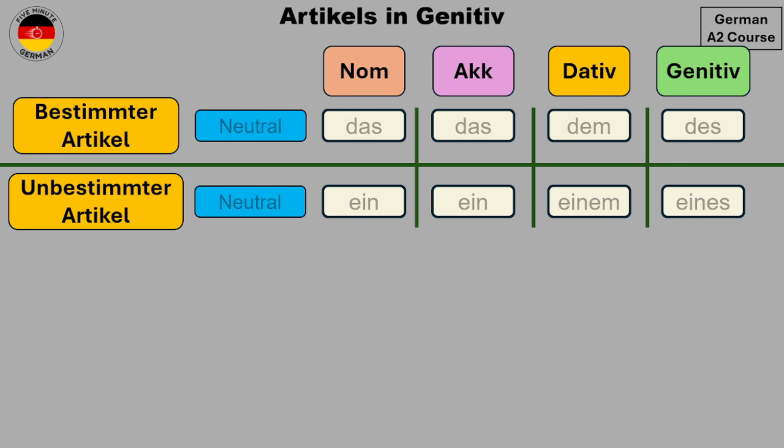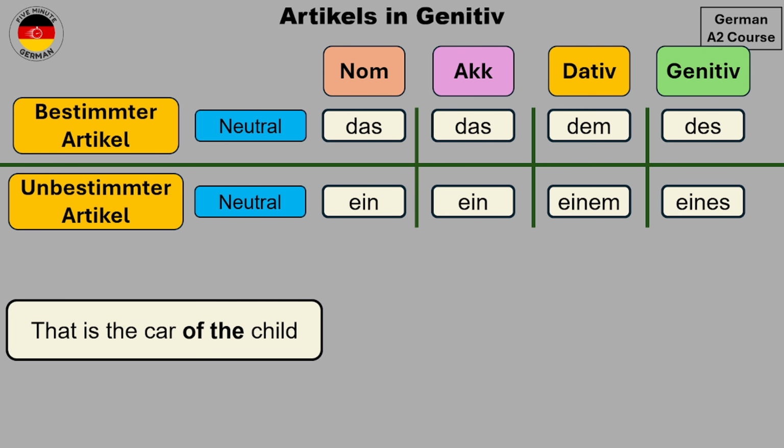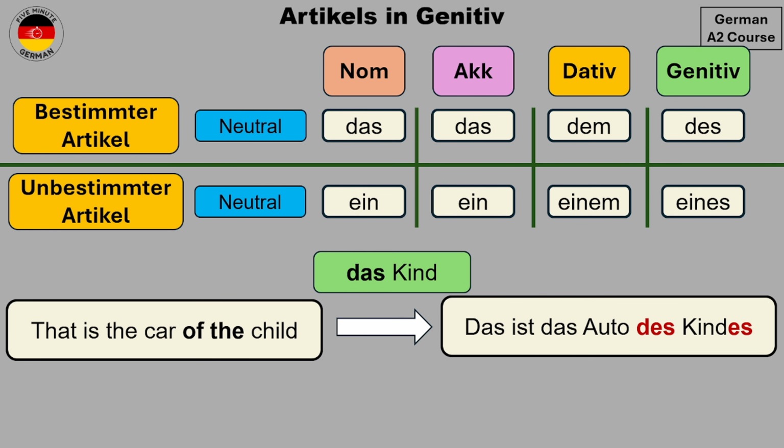Now let's take a look at an example with the neutral case. So again, we have the same sentence, but this time with a child, because child is das Kind, so it is neutral in German. So we can write this sentence in German with the genitive case as das ist das Auto des Kindes. That is the car of the child.